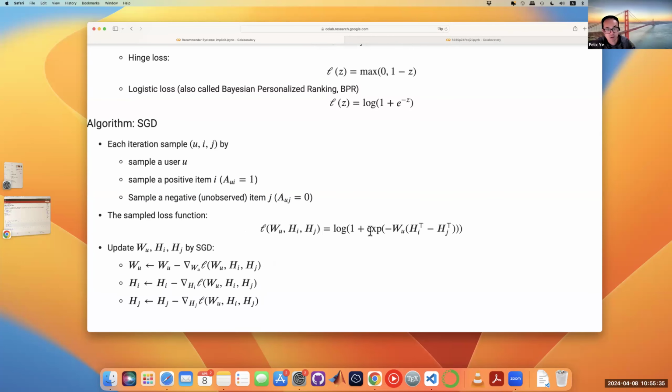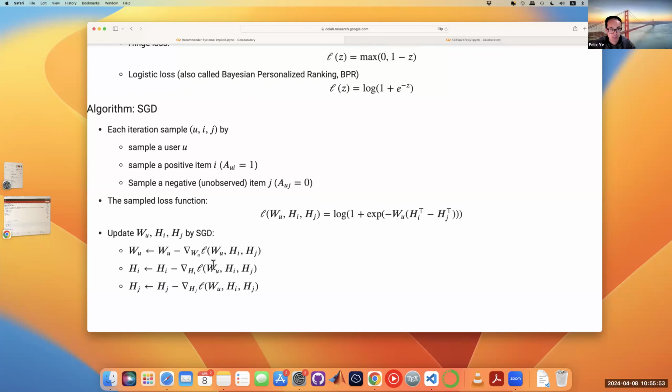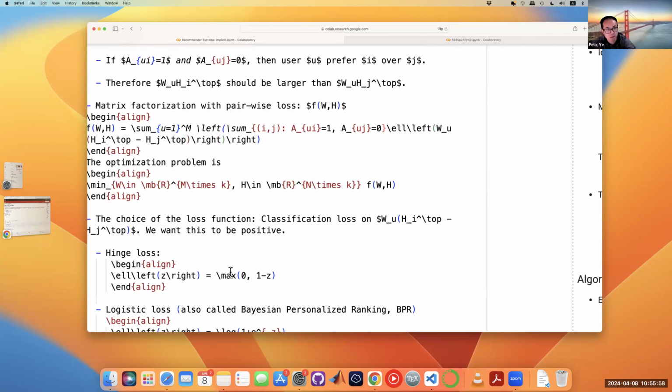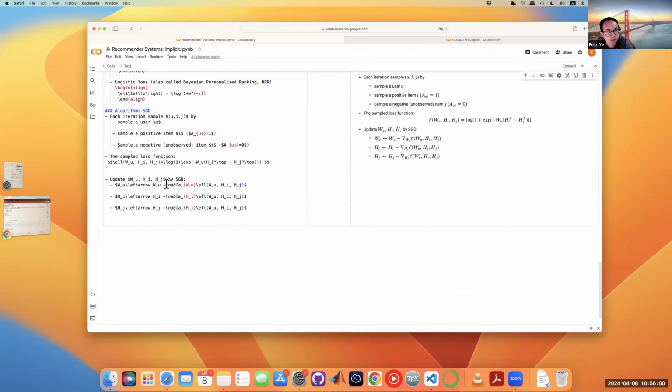Then you calculate the loss function just for one observation of W_U, H_I, and H_J. So this is basically your loss function. Then you can update W_U, H_I, and H_J by stochastic gradient descent. Take a gradient, just take a tiny step. That would be good. Here, I think I should have an alpha here to ensure I have a learning rate. Otherwise, this won't work.